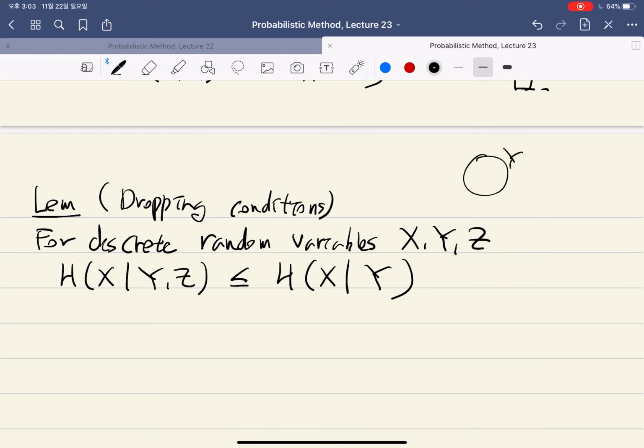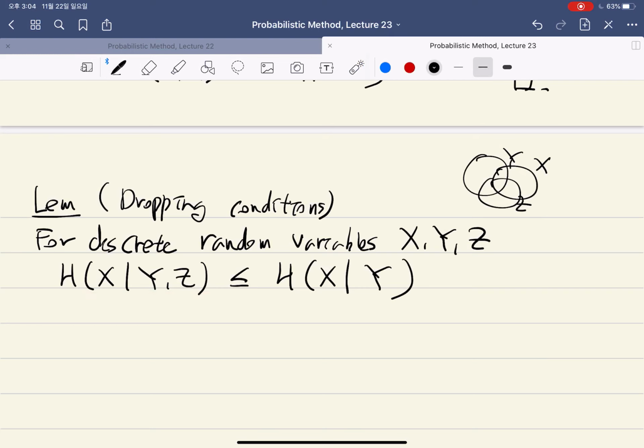So y is known and g is known, and x gives us new information. When we know y, the new information we get from x is this part. But when we know y and g, the additional information we get is this part. So this is smaller. So this is also intuitive.